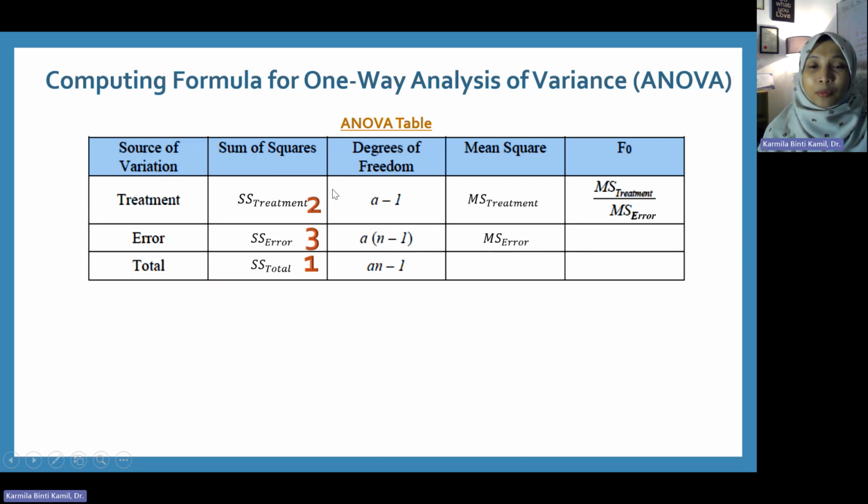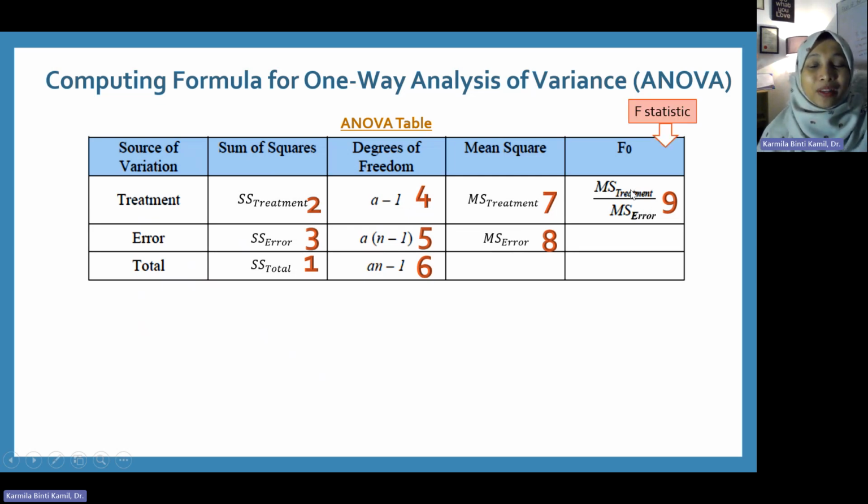Next, we need to find the degrees of freedom for treatment, where we use the formula A minus 1, followed by degrees of freedom for error, and the last one is degrees of freedom for total. Followed by MS treatment, the mean square for treatment, and also the mean square for error. The last one is the F naught. So we need to follow this sequence: first SS total, second SS treatment, third SS error, followed by 4, 5, 6, 7, 8, 9.